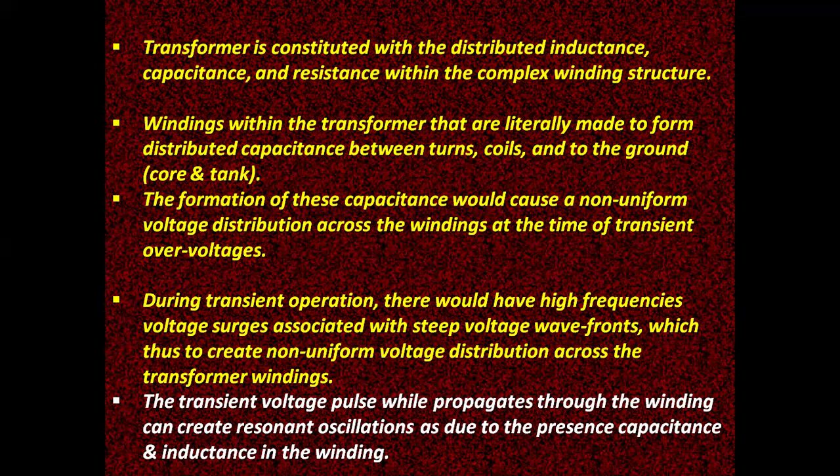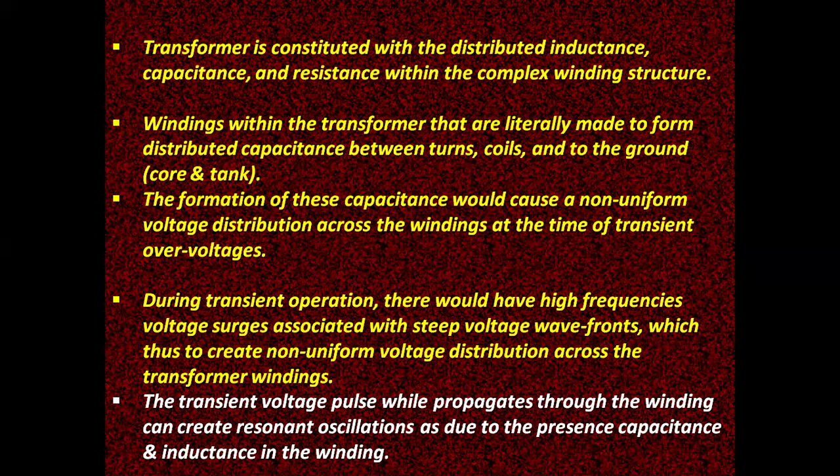Windings within the transformer form distributed capacitance between turns, coils, and to the ground, that is core and tank. The formation of these capacitances would cause a non-uniform voltage distribution across the windings at the time of transient overvoltages.